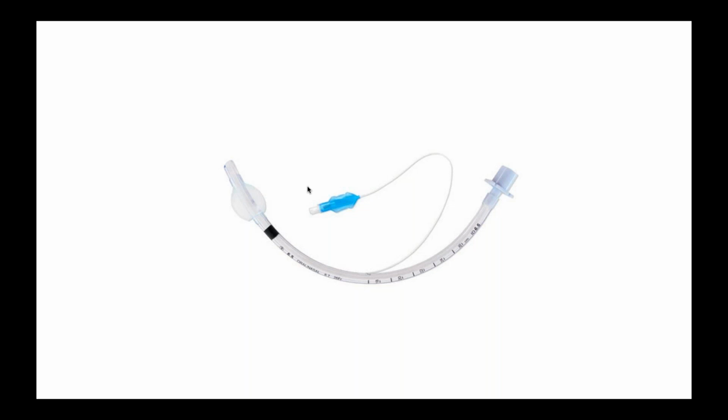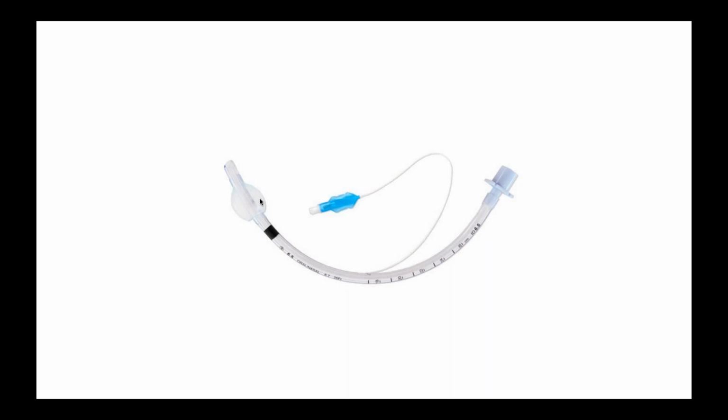There are basically two types of endotracheal tubes which are used in children, and this one which I've shown here is a cuffed endotracheal tube, in contrast to this one which is uncuffed. So you can see the difference between these. This one does not have any appendage to it. This is just a simple tube which has markings, and it has a connector here, and it has a black portion here.